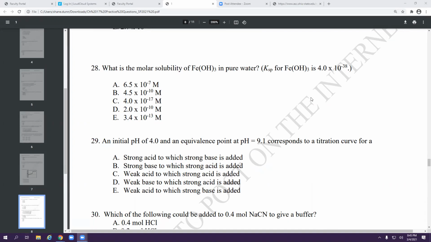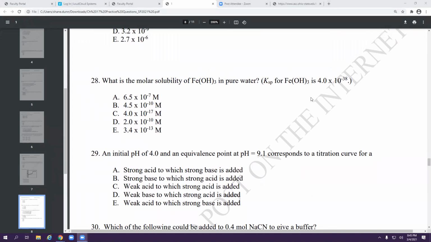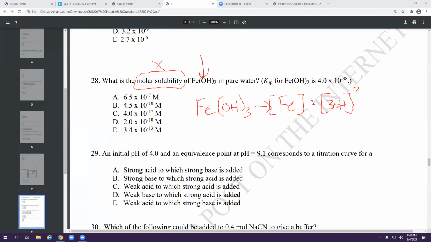So now I'm solving for molar solubility. Molar solubility is the X value. So what is the X value when dealing with iron hydroxide? I have an iron and I have 3 OH cubed.